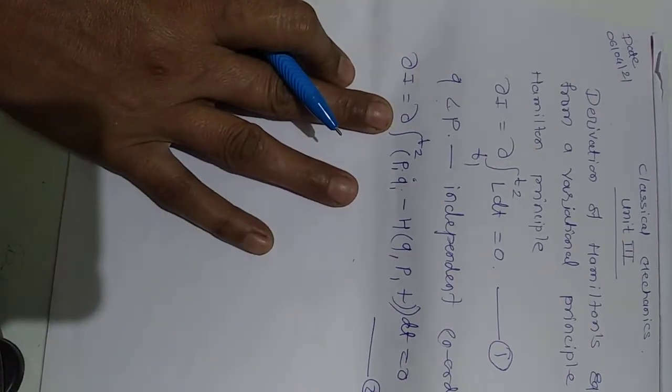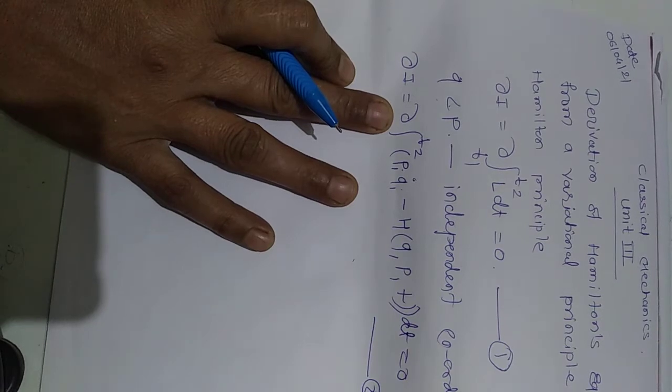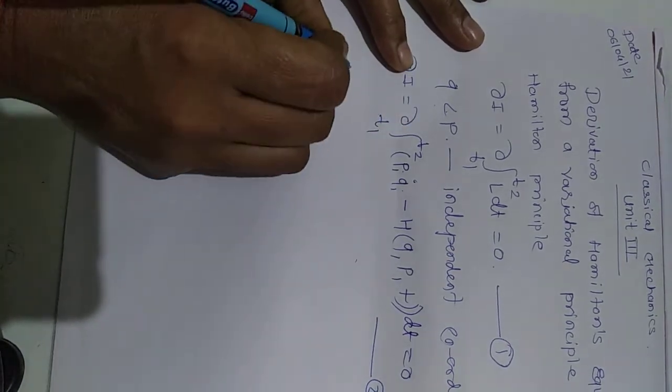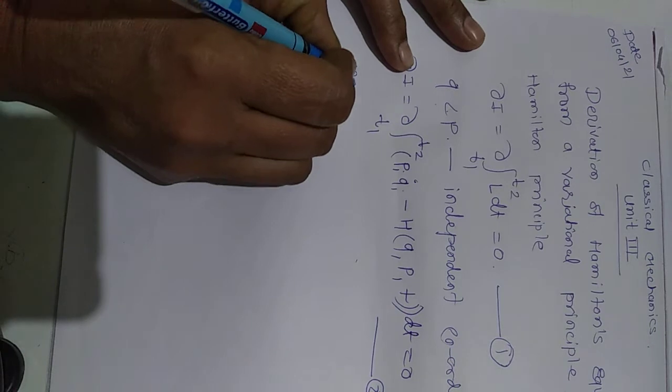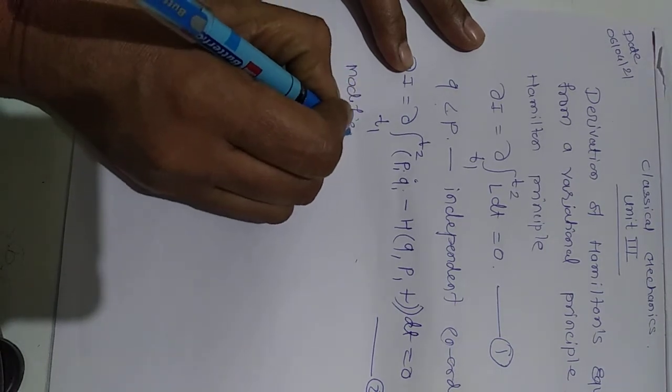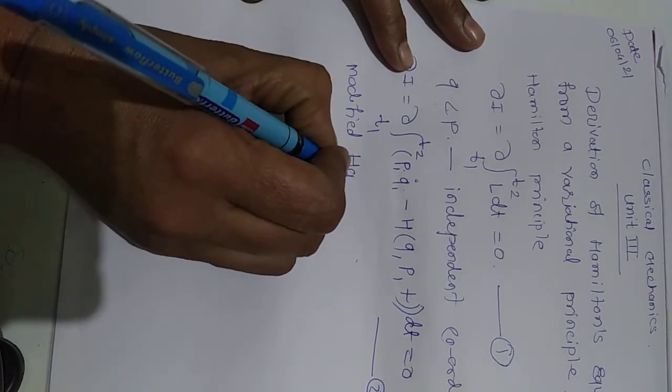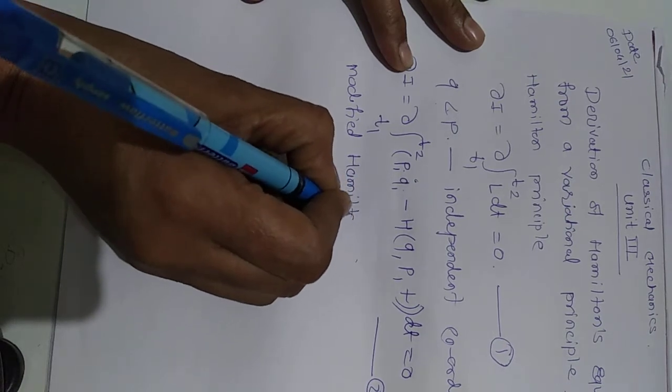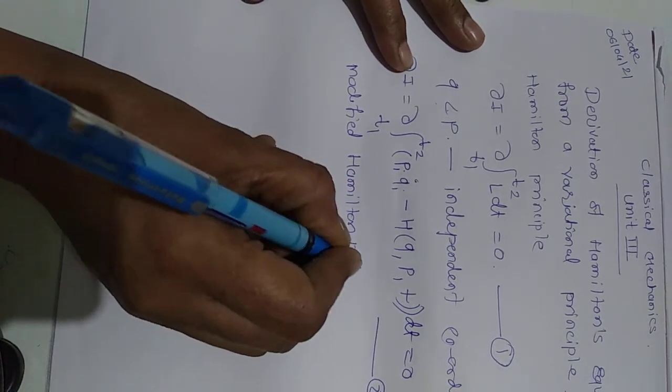As the variational principle in phase space, equation 2 is sometimes referred to as a modified Hamiltonian principle. This equation is known as modified Hamilton principle.